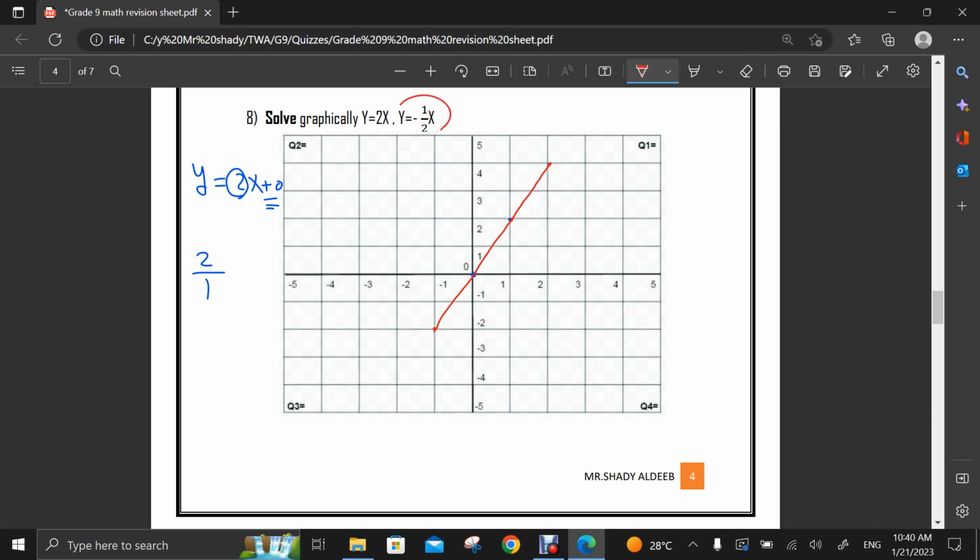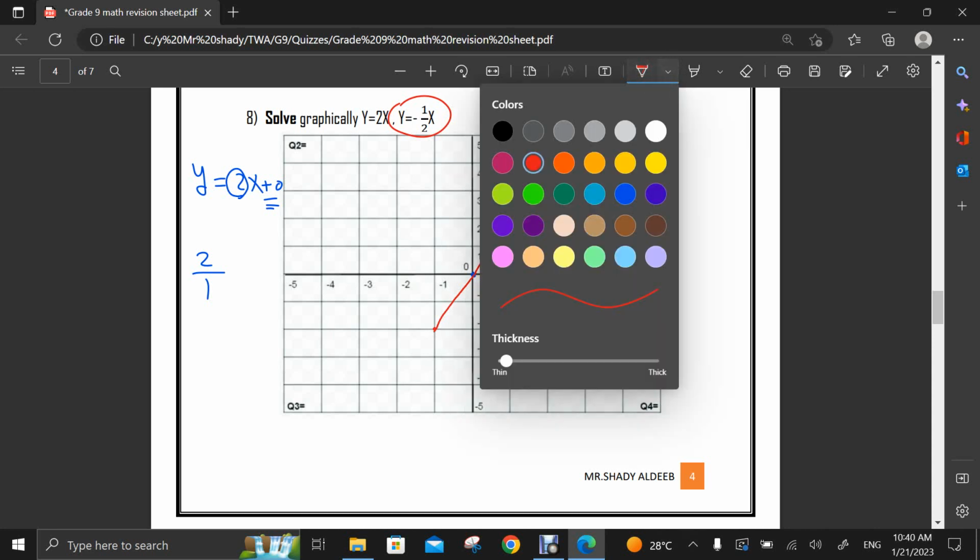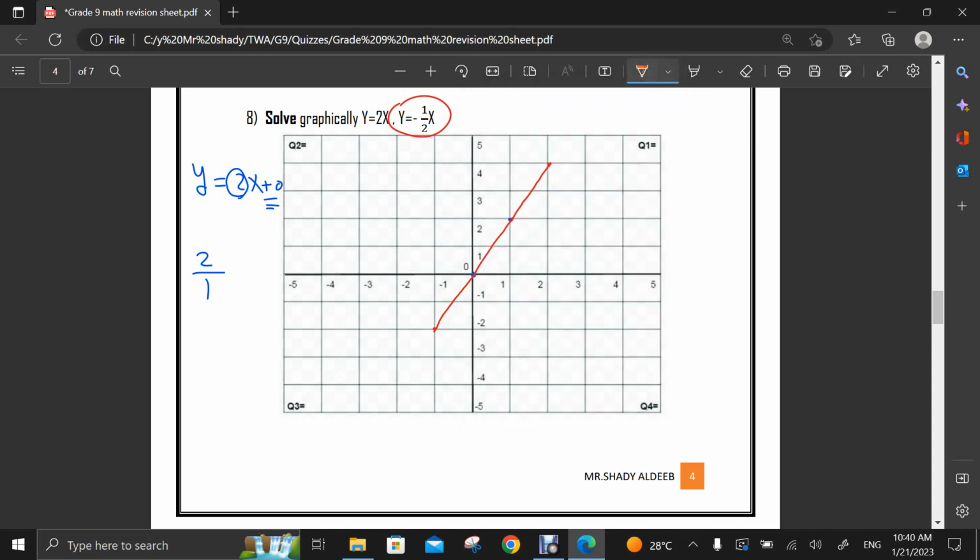So let's start to draw the second one, which is y equals negative half x only. Like the first one, it is negative half x plus 0. So the intercept on the y-axis is 0 also here. So I'm going to make a point at 0. Then the slope here is negative half. I can make it negative 1 over 2 or 1 over negative 2, because all of them are the same.